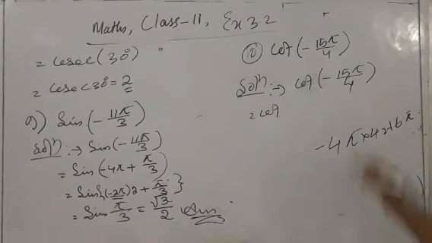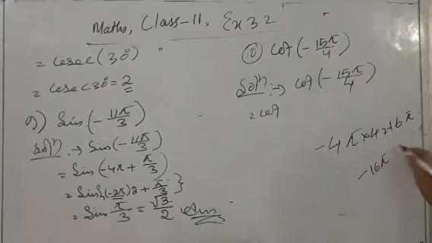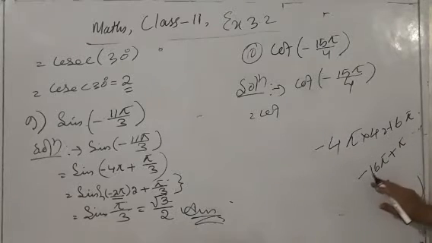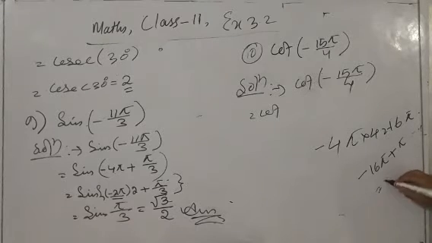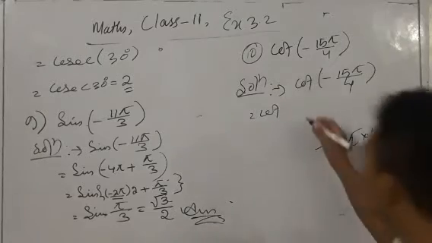And then we must get equal to this. Minus 16 pi, and if we add 1 pi, that means minus 16 pi plus pi. That means it will be subtracted. Yes or no? That means it will be minus 15 pi. Correct?